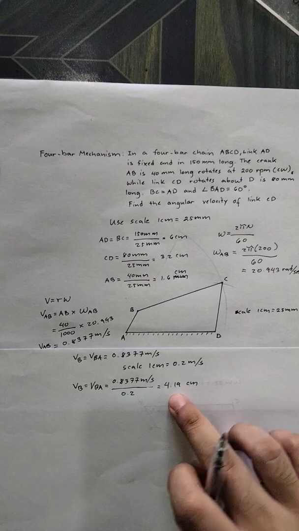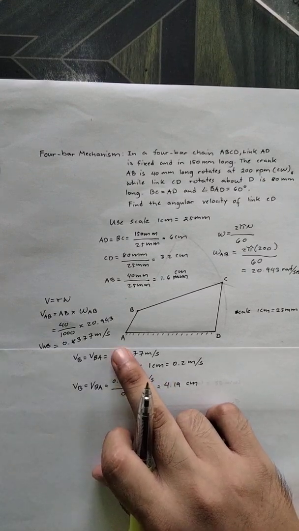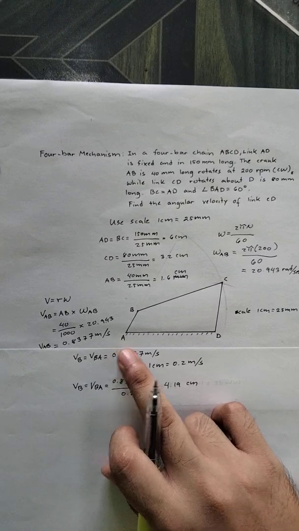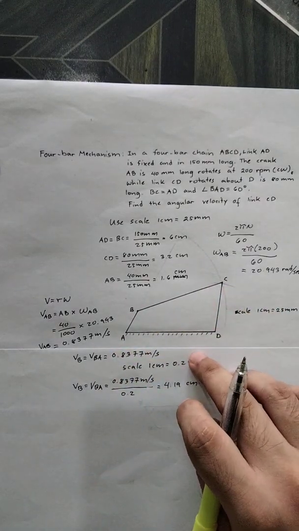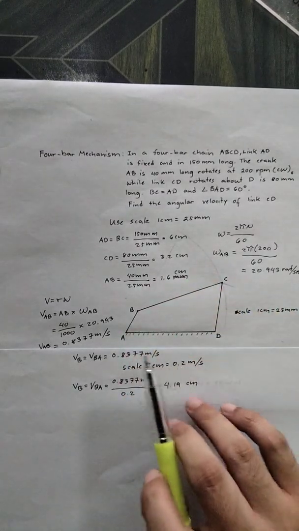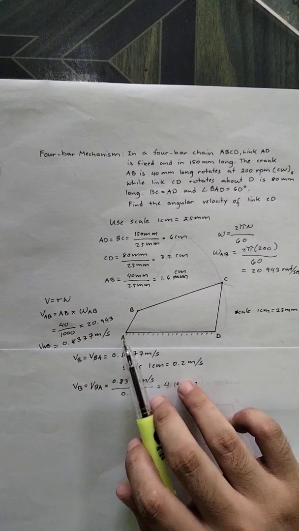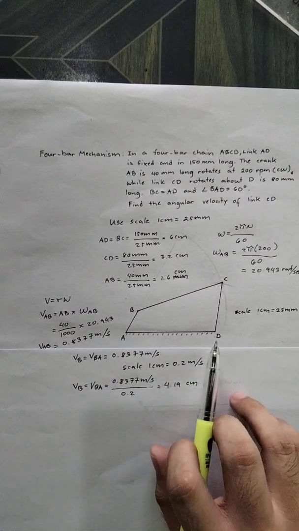Okay, in creating this, the next thing to do is to locate all the points in your mechanism that have zero velocity or are fixed points. For this example, the fixed points are point A and point D, which means that point A and point D have zero velocity.